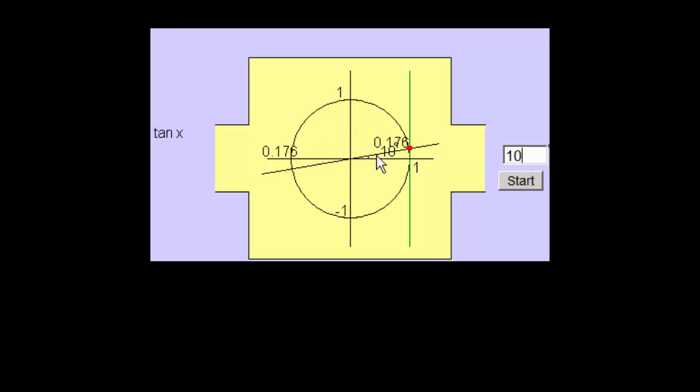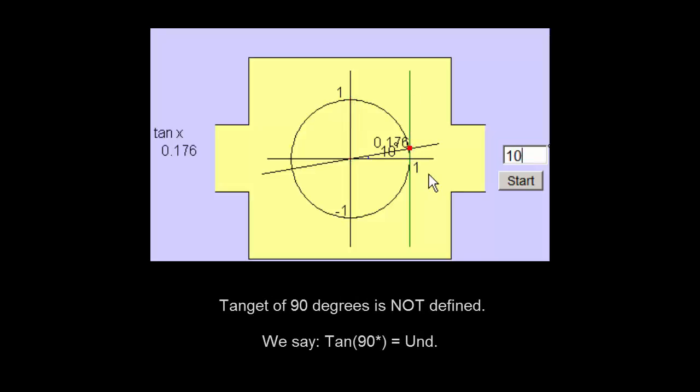But if I go to 90 degrees, the terminal side of my angle will be parallel to this tangent line. So there will never be a place where at 90 degrees we intersect this tangent line, which means we can't have a tangent value at 90 degrees. Since there's no intersection, it's undefined.